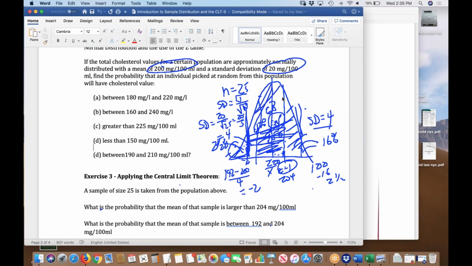So you can do a variety of things to find all these different values. But the important thing is now we understand how a distribution of repeated samples behaves in relation to the population distribution.